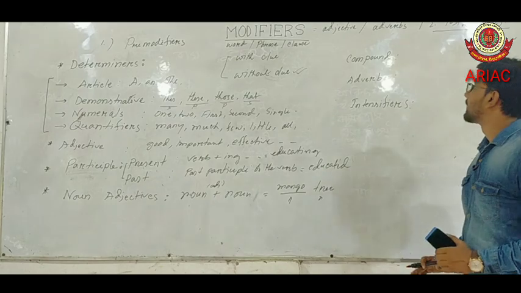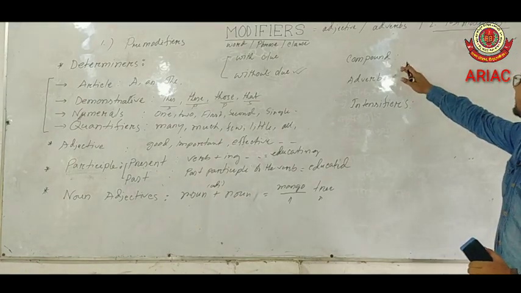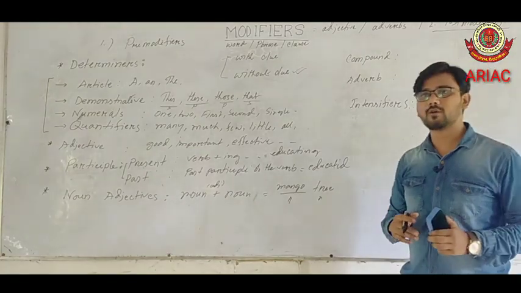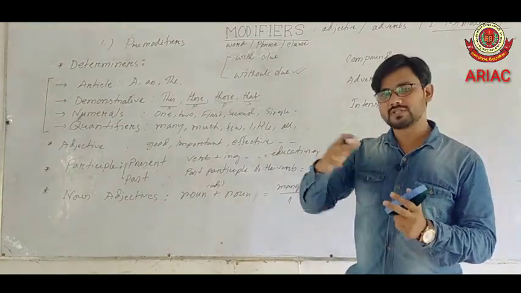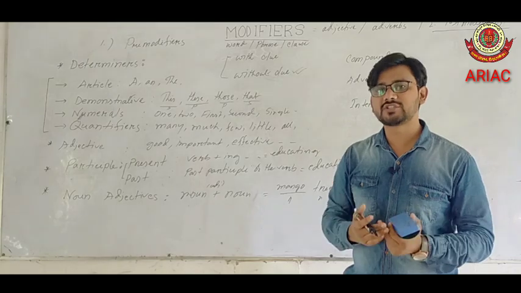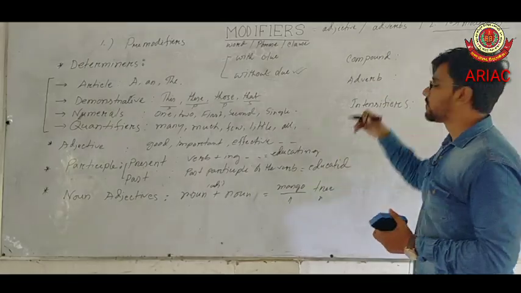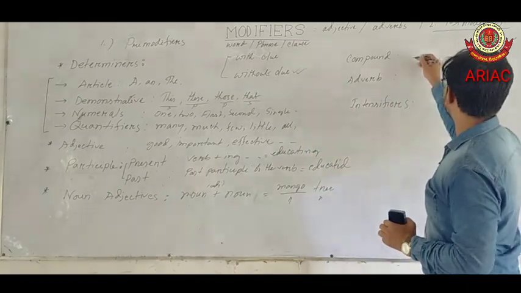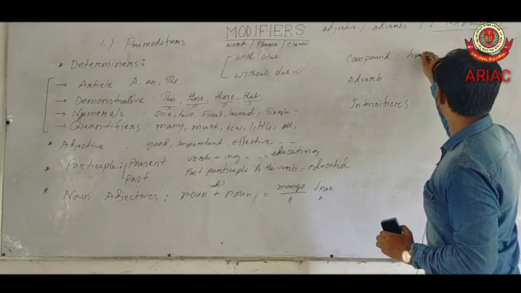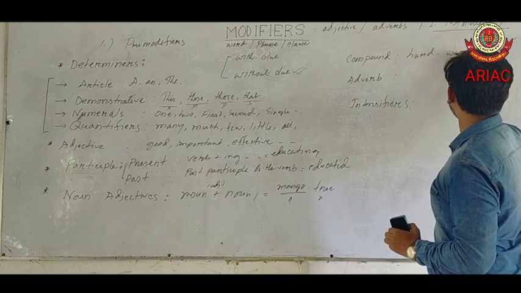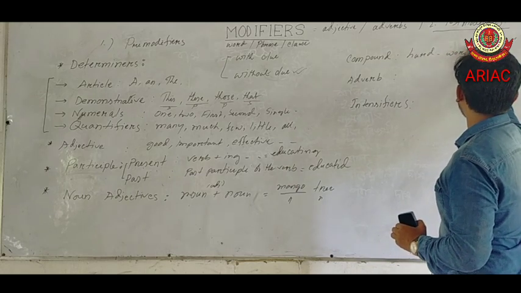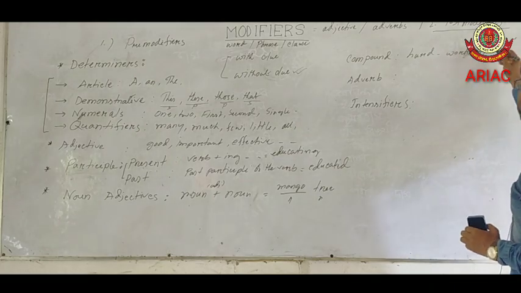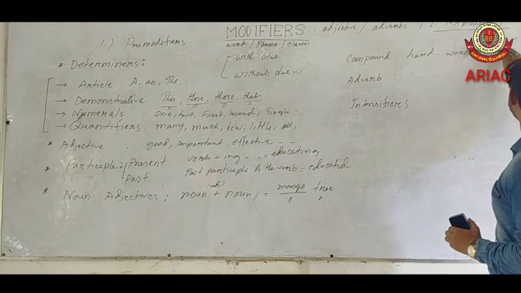Okay, next one is compound as pre-modifiers. What is compound? Compound can also be called adjectives. Compound means the mixture of two words or three words, like hard working, like time killing.